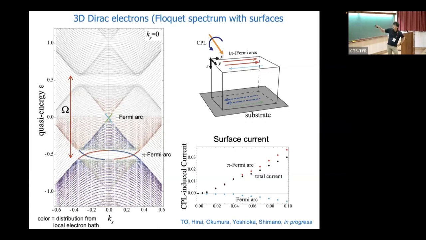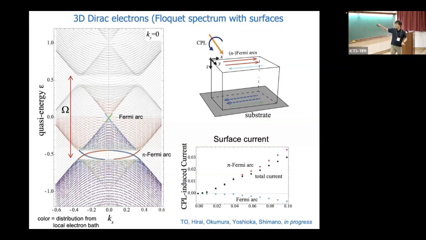If I have circularly polarized light applied to this material at a certain angle, so not just in the z direction, but with some angle, then my Weyl points will split in parallel to this laser field, which will generate some Fermi arc edge state. It's like an edge state, but it's actually a Fermi arc, which is parallel to the surface. On the upper surface, it will be in this direction.